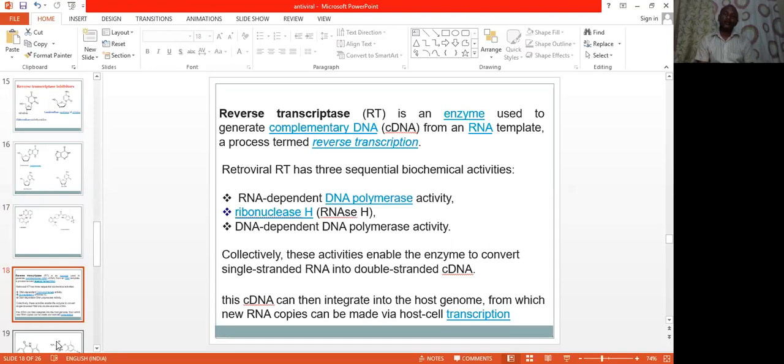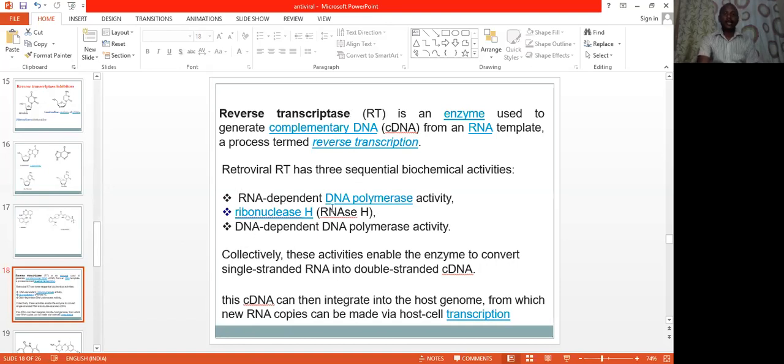So using that RNA template, it synthesizes the complementary DNA. This reverse transcription is done by three enzymatic biochemical activities of the retroviral RT. Three are there. The first enzyme helps in the reverse transcription, three common units are there.